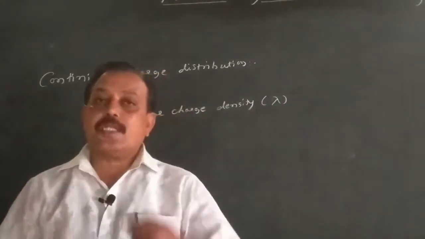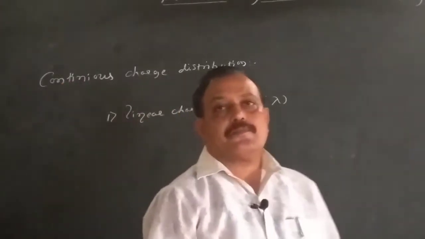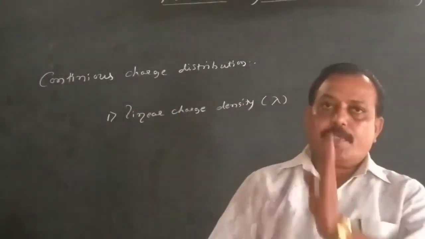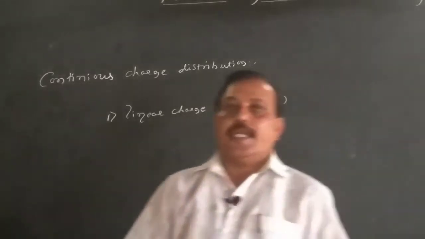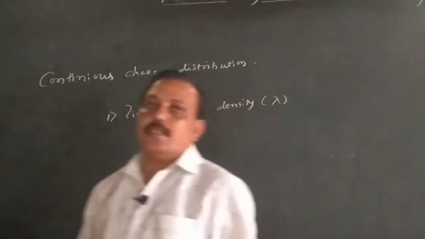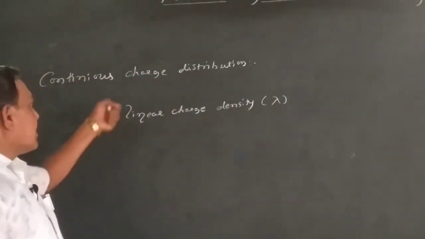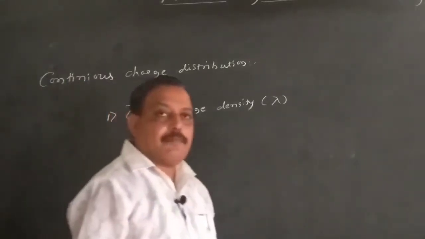When you come across lambda here, it must be understood as linear charge density. When you are dealing with optics and radiation phenomena, then lambda represents what? Wavelength. So we are dealing with linear charge density, which is represented by lambda.